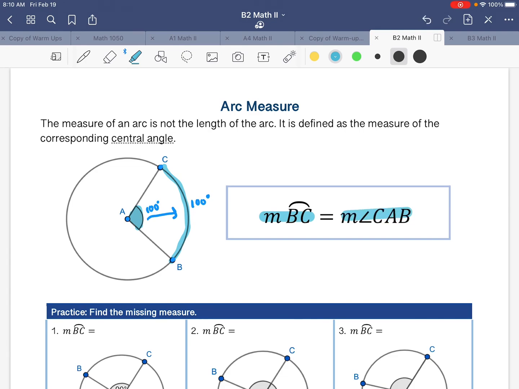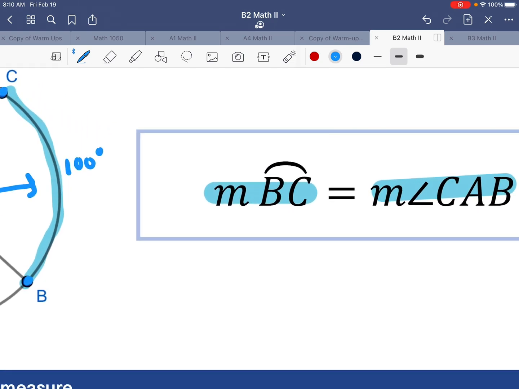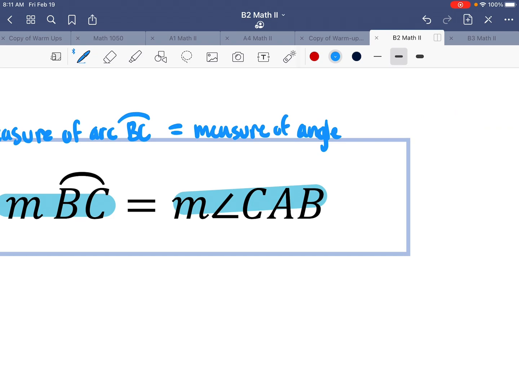Just a little notation for you, because there's lots in geometry. The little m is just measure. So what this is saying is the measure of arc BC is equal to the measure of angle, let's put a little angle symbol, CAB.